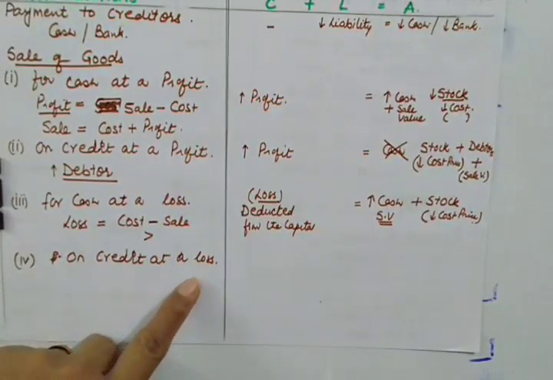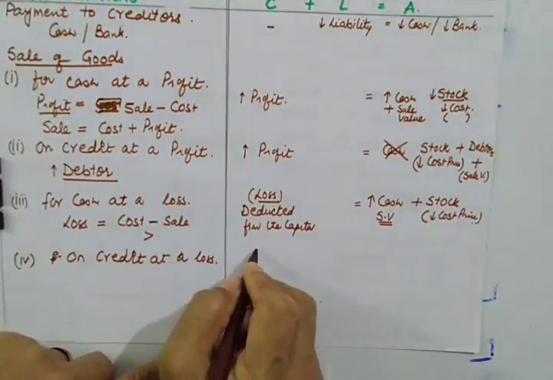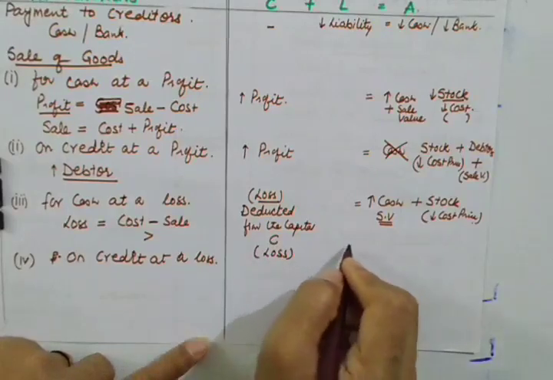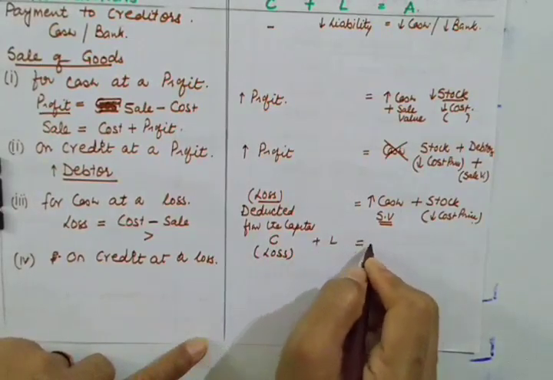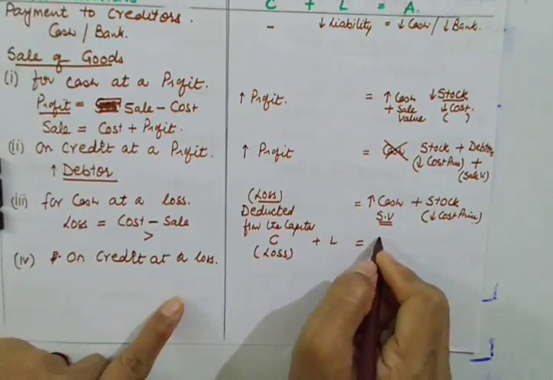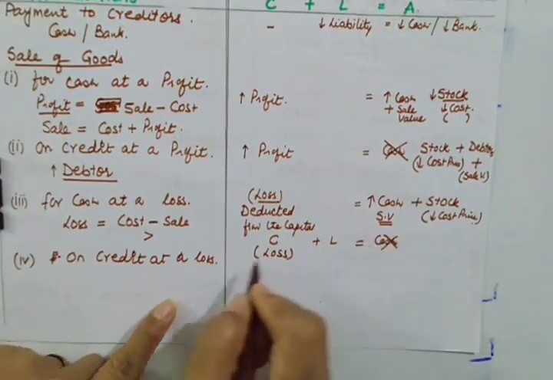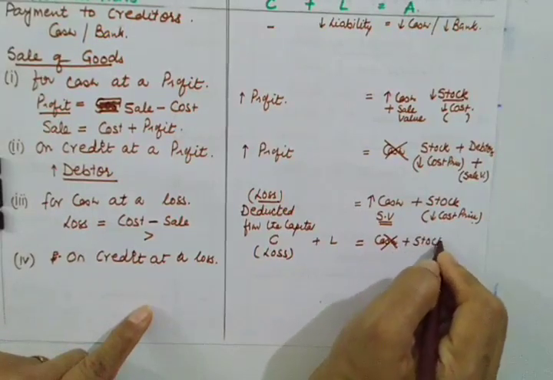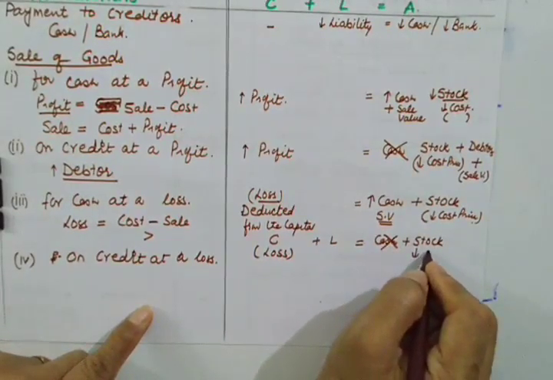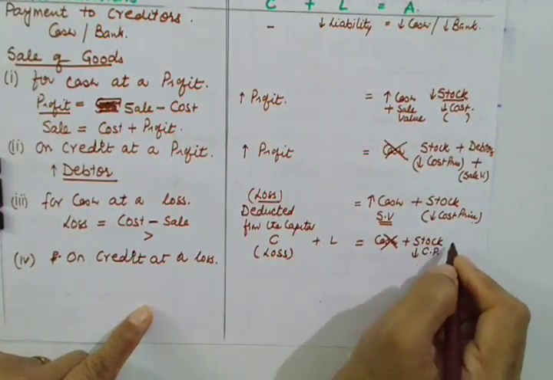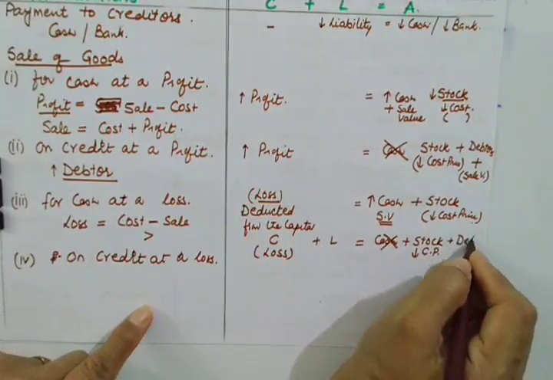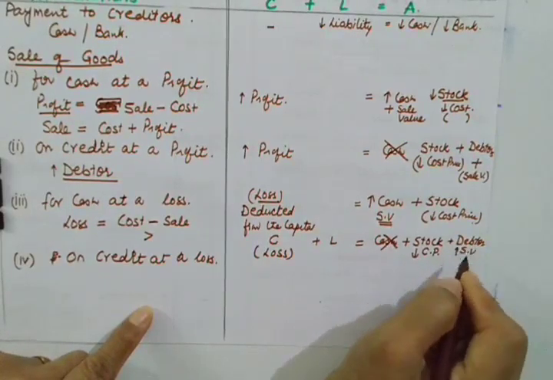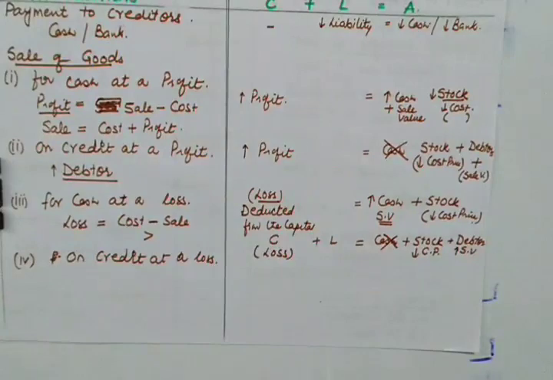Again the same, loss will be deducted from the capital, no change in liabilities, no change in cash because you are not selling goods on cash, your stock will reduce with the cost price and a new item will be added. What is the name of this new item? Debtor will increase with the sale value.